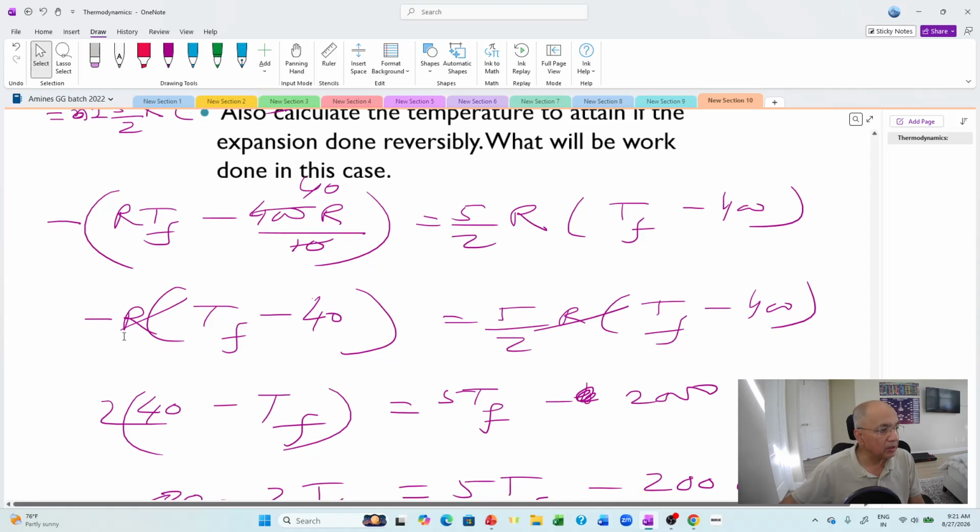So R is common, TF minus 40 is equal to 5/2. R gets cancelled. We are left with only temperature.